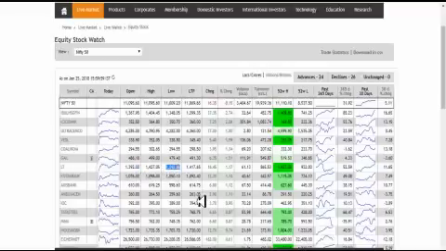So, what does this chart mean? What does this price matching mean? It is very simple. If the opening price is equal to the low price, that means the stock is going to go up.